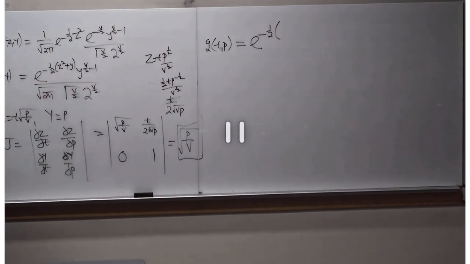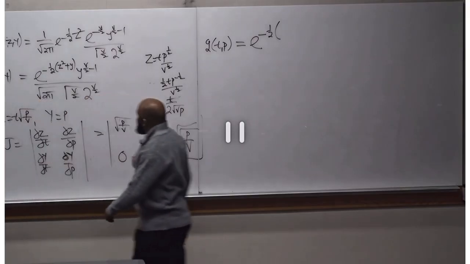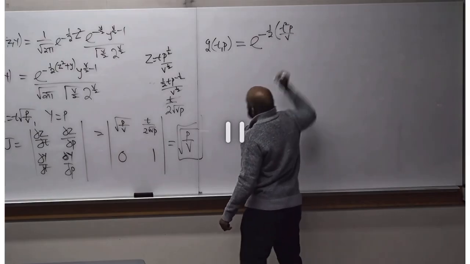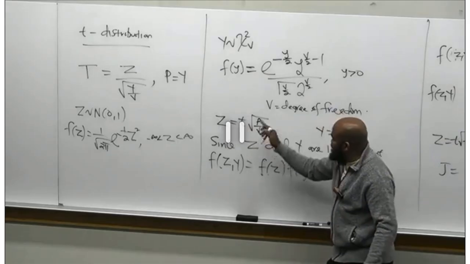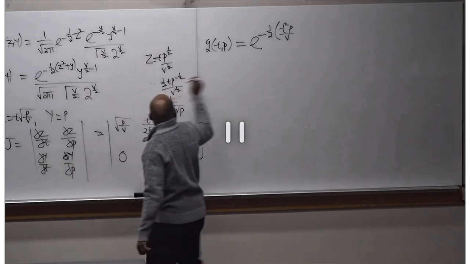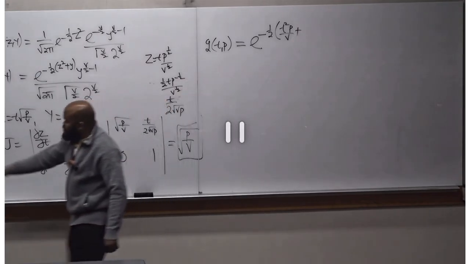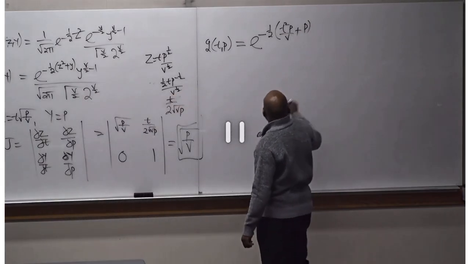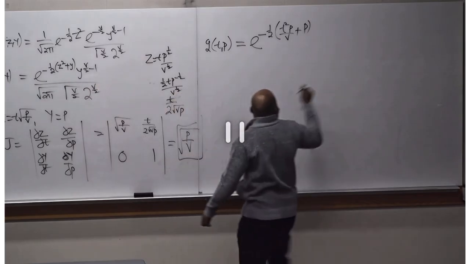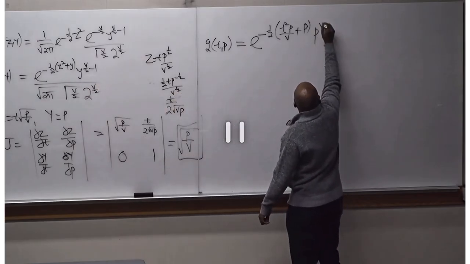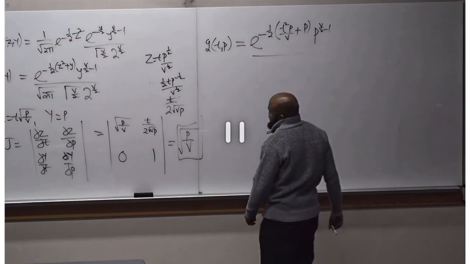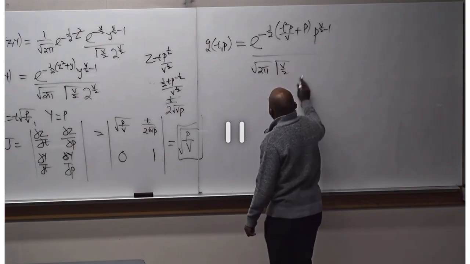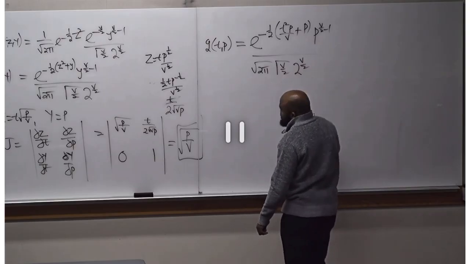Instead of z squared, it's going to be this guy squared, which is going to be t squared p divided by v, because this is z, squared out. Here, plus y. What is y? Y equal to p. Now here, p, then y raised to power that, divided by square root of 2 pi gamma v over 2, 2 raised to power v over 2, then multiplied by the Jacobian.